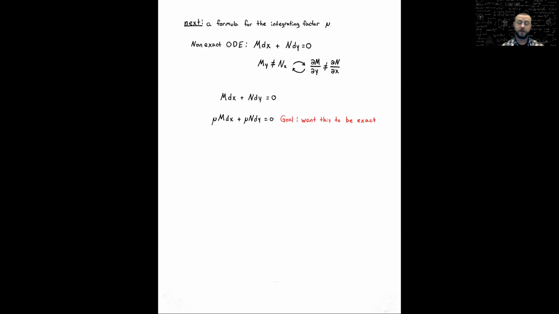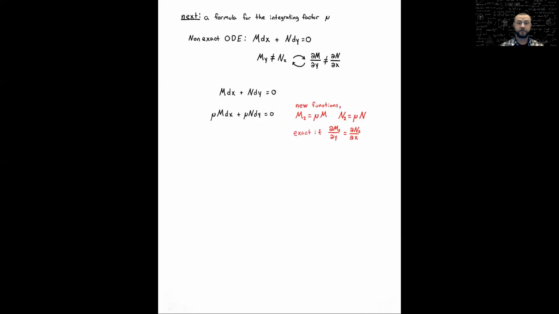Now, what would it mean for this new equation to be exact? Well, multiplying by mu, we now get new functions, which we'll call M2. So M2, the new M, is mu times the previous M. And likewise for this new function N, what we'll call N2, which is mu N.